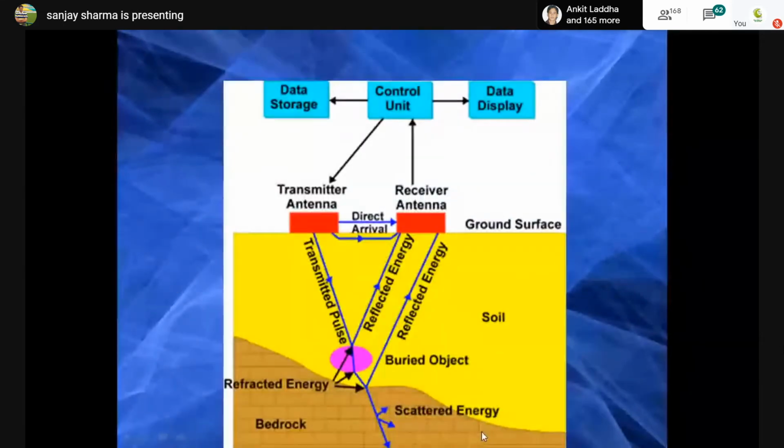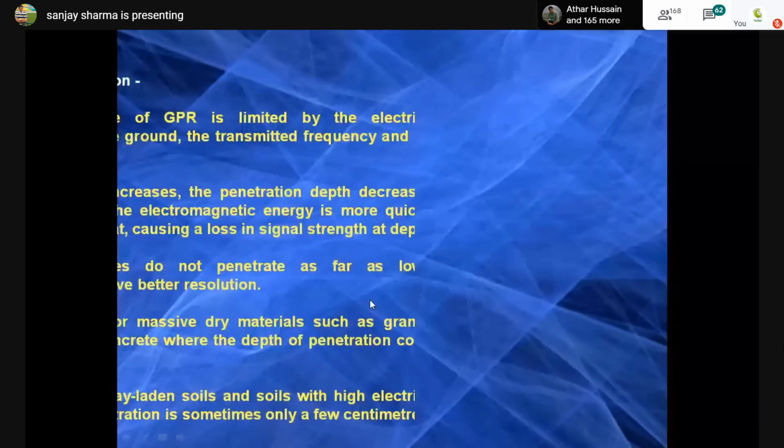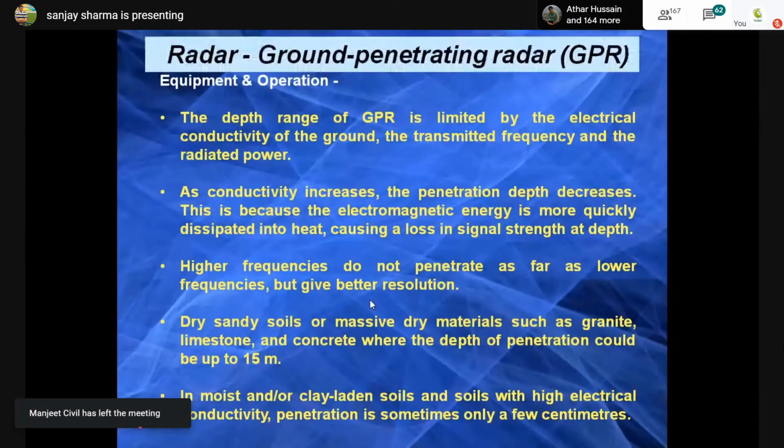This is the transmitter antenna, and this is the receiver antenna. You send your waves into this, the reflected energy is received by the antenna, and based on the type of surface you can identify the depth and all that.